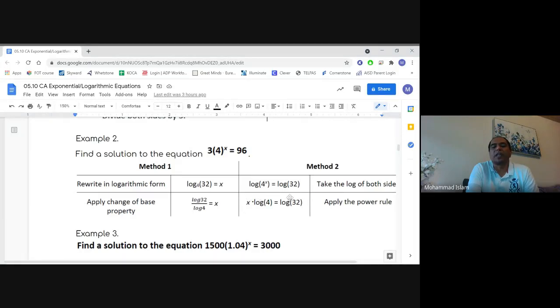You can either directly go with the log base 10 and then solve it, or you can go with the log base 4 and then change the base using the expression. So take a few seconds to look at this problem properly so you get some idea.